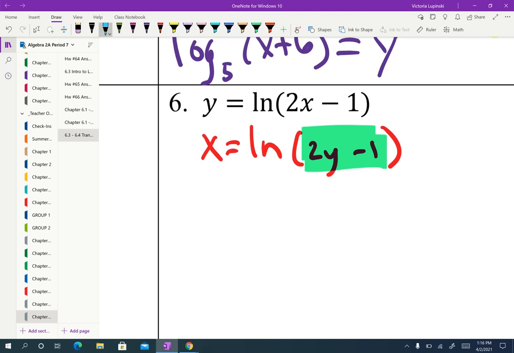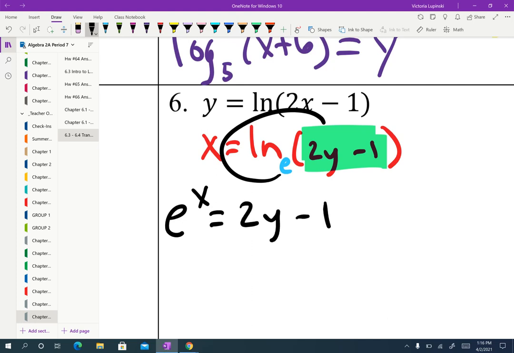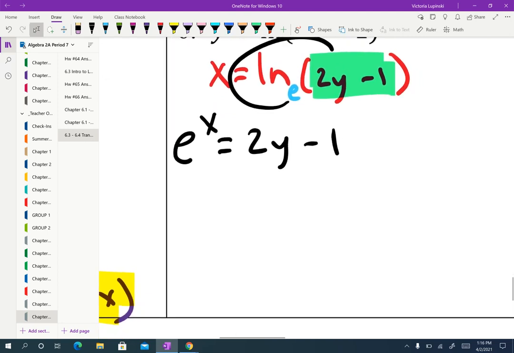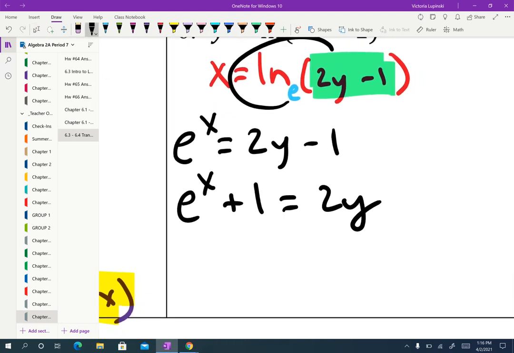You'll, of course, notice here that there is no base. And remember, if you see an ln with no base, it's an e. When you go to do the loop, you start at the e, raise it to the x, equals 2y minus 1. In order to finish, you have to resolve it for a y equals. So you're going to start by adding a 1, which will make it a full size.